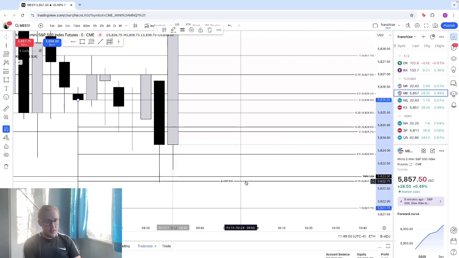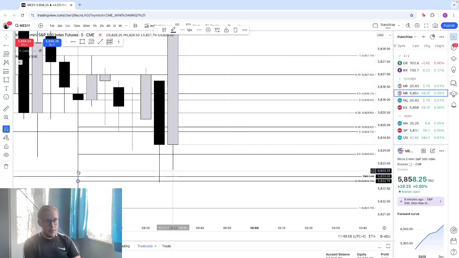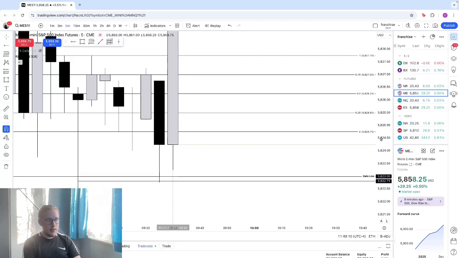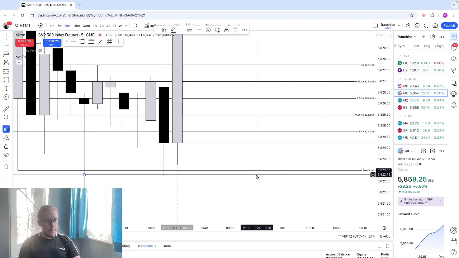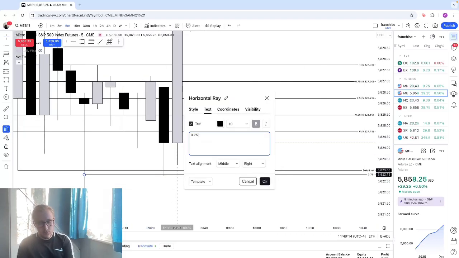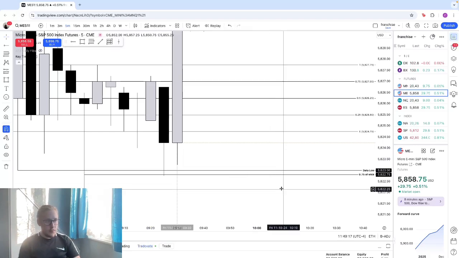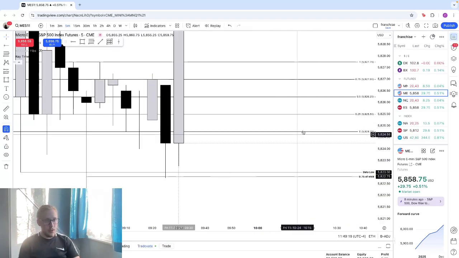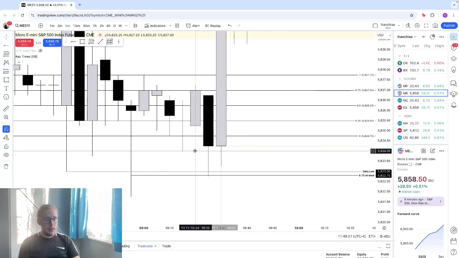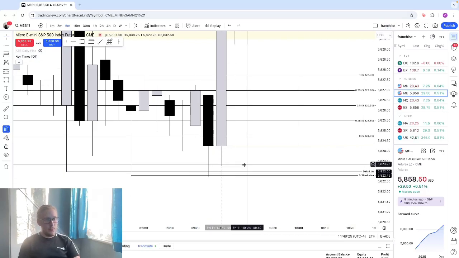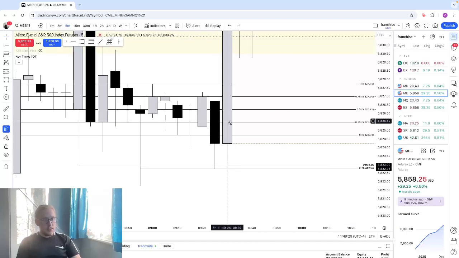So that could very much be our liquidity sweep. So we've got data low and the lower quadrant of the wick being tapped into at 9:25.